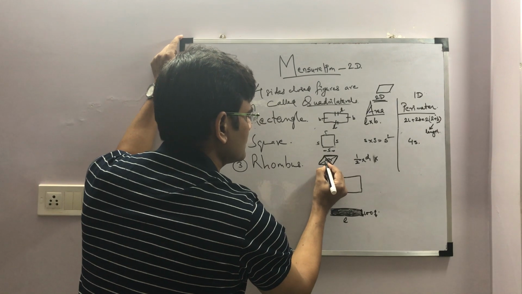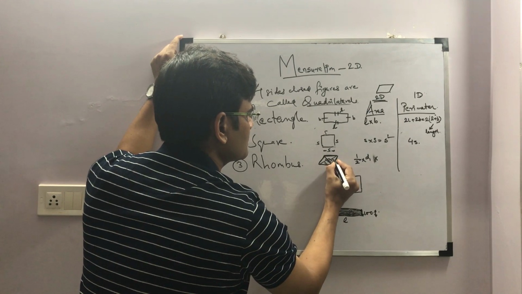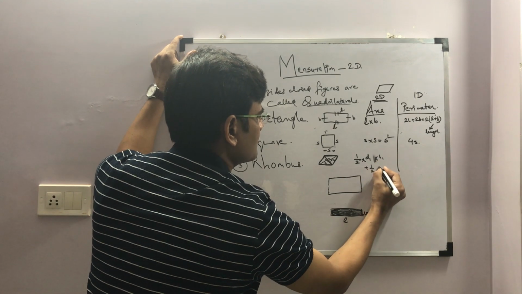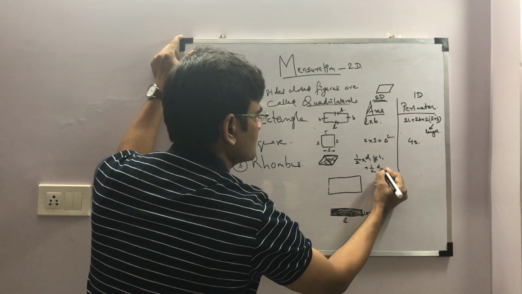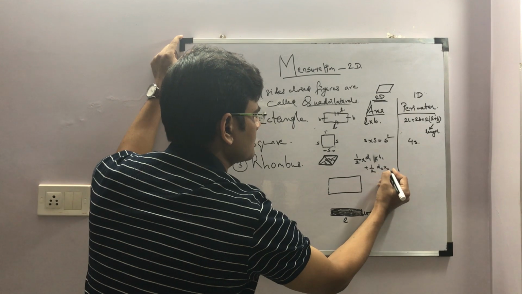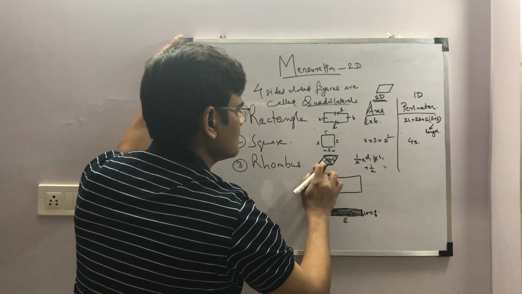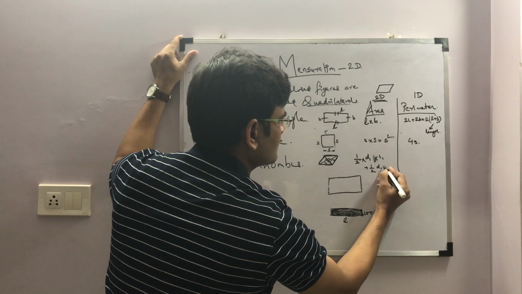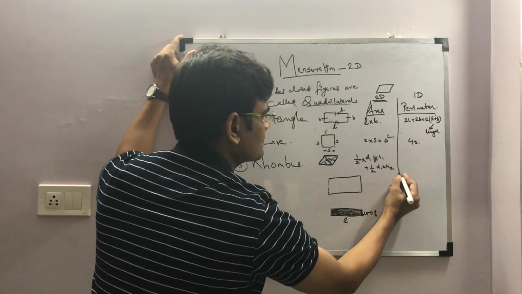Say this is h1 and this is h2, h1 plus half d2 into, no, again half d1 into h2. I am deriving this.